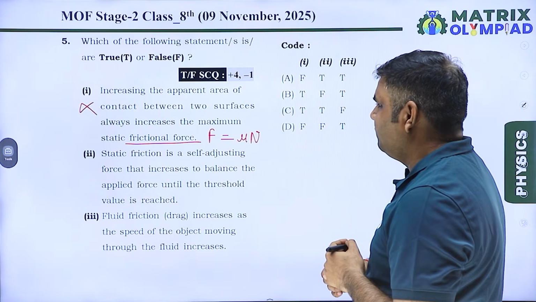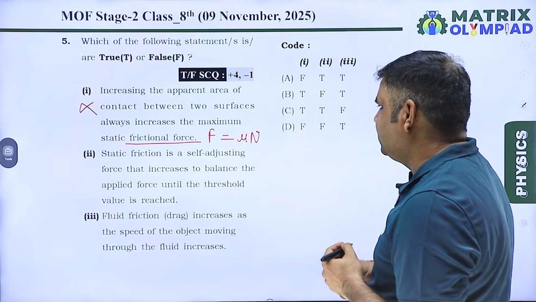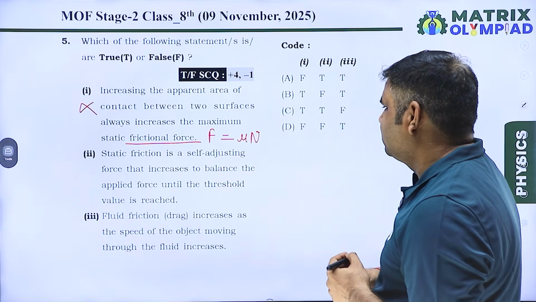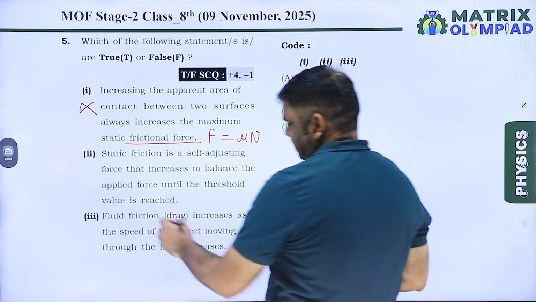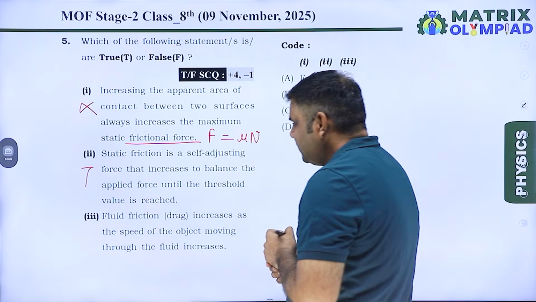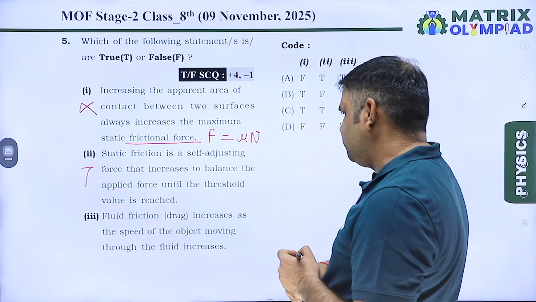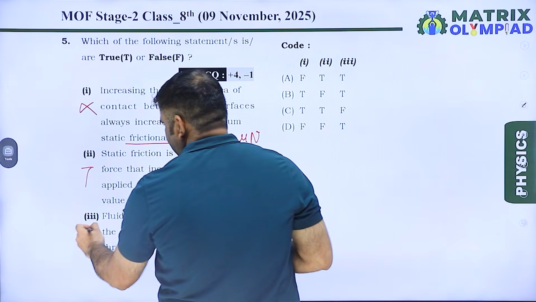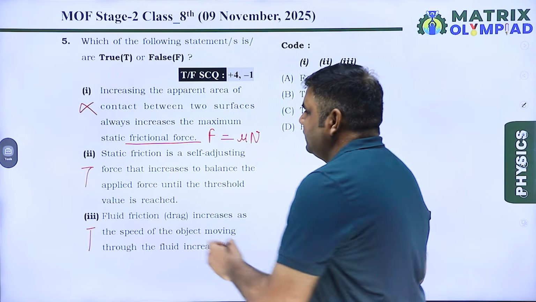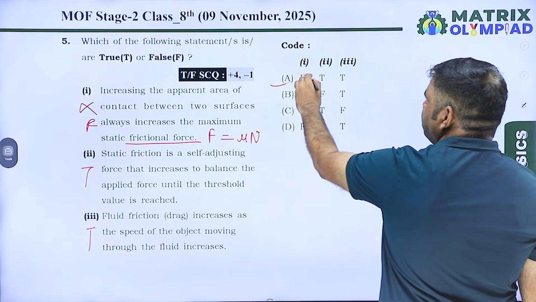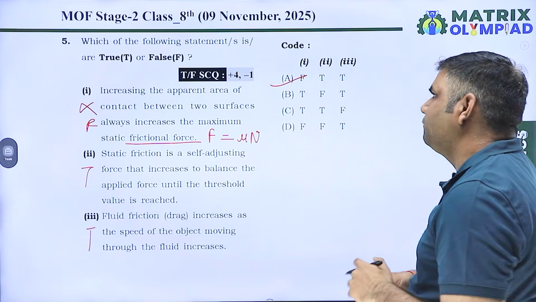Static friction is a self-adjusting force that increases to balance the applied force until the threshold value is reached. That is true. Fluid friction increases as the speed of the object moving through the fluid increases. This is also true. So our correct answer will be F, T, T. So option A will be the correct answer for question number 5.